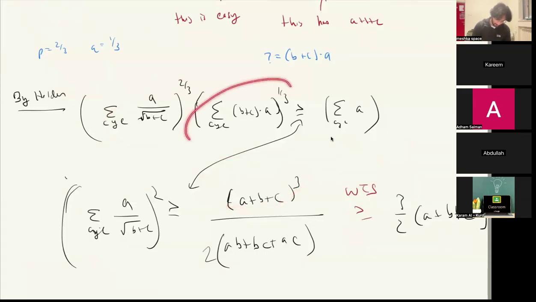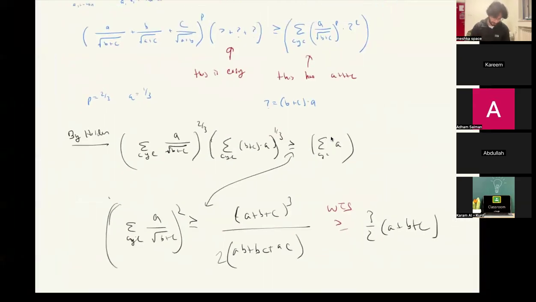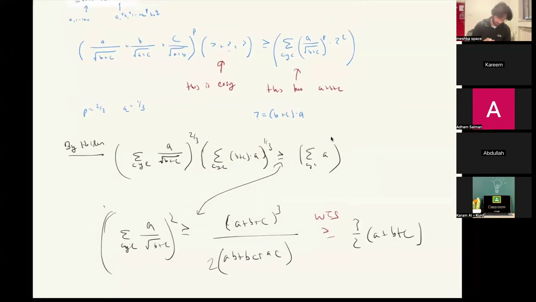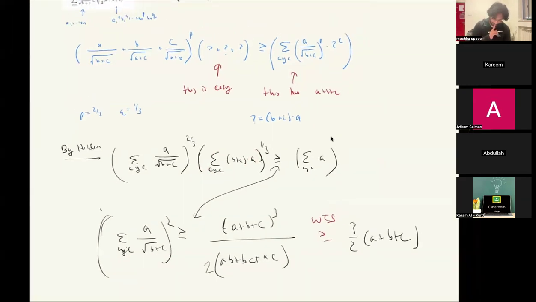And then here we have AB plus BC plus AC, we have twice that, and then we cube it. Yeah, it's okay, right? I think it's correct. So the point is, when you do the cyclic sum, you get twice AB plus BC plus AC. Okay, good.